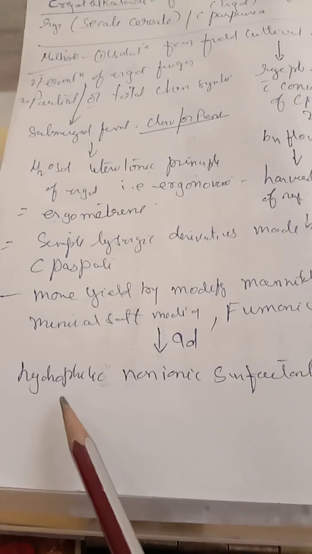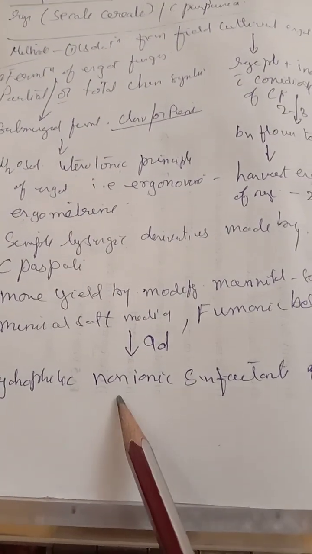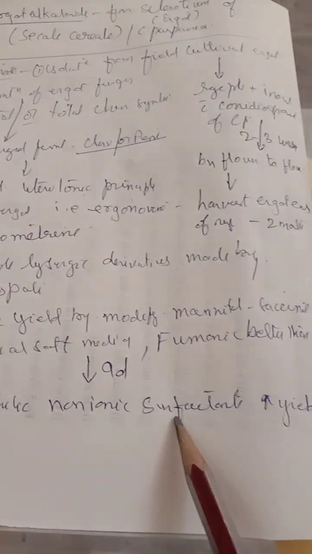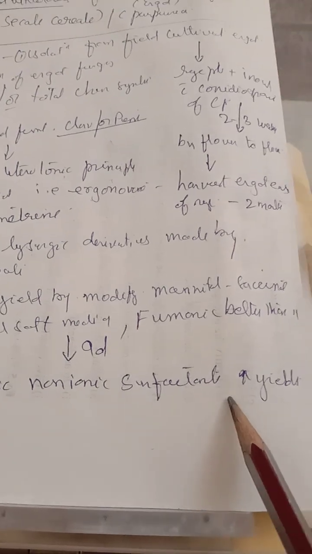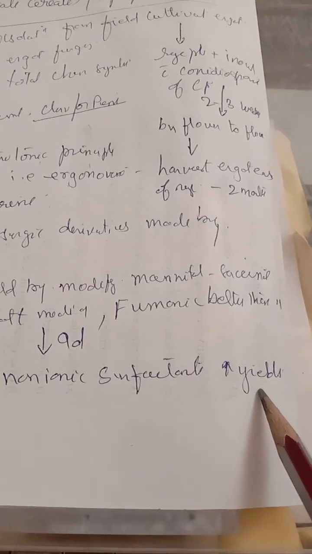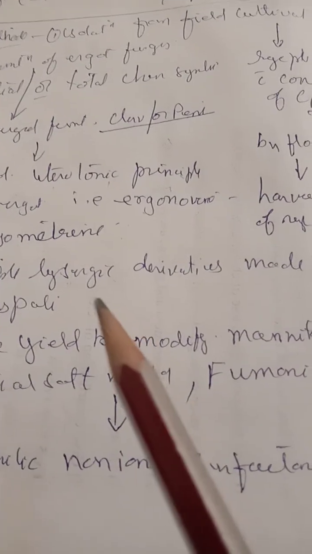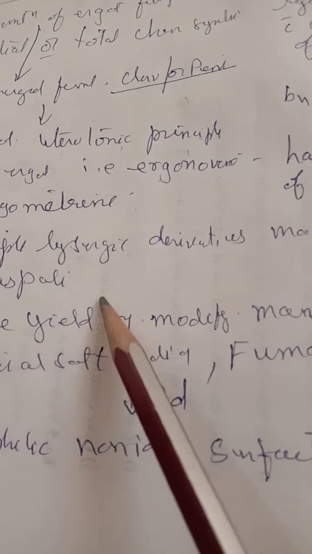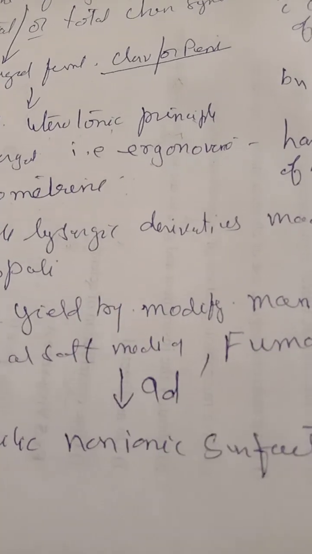By adding hydrophilic non-ionic surfactants, you can also get more yields of ergot alkaloids like lysergic derivatives.